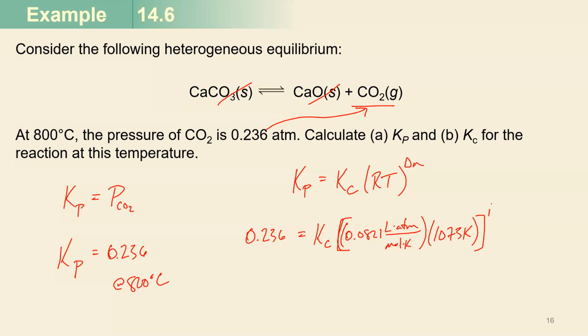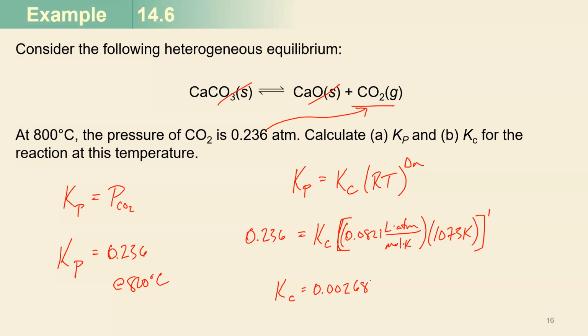0.236 divided by 1073 divided by 0.0821. We end up with a Kc value of 0.00268.